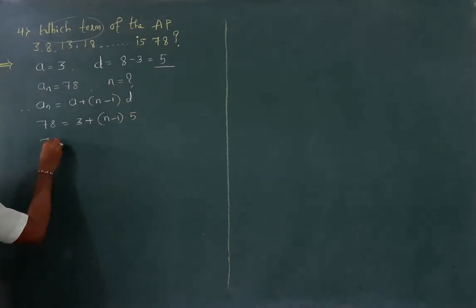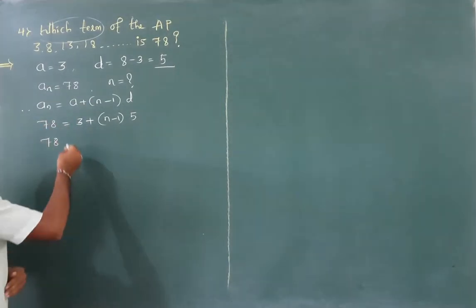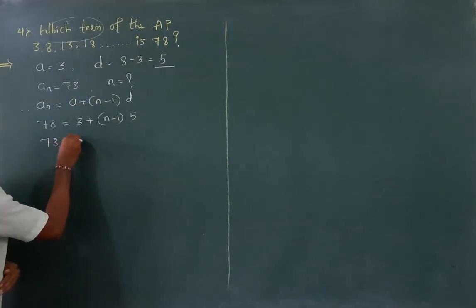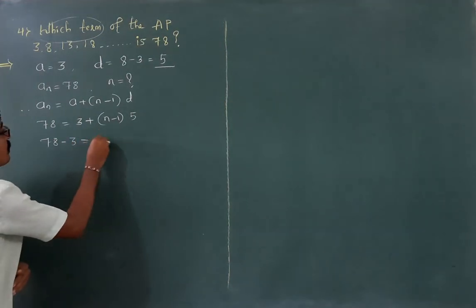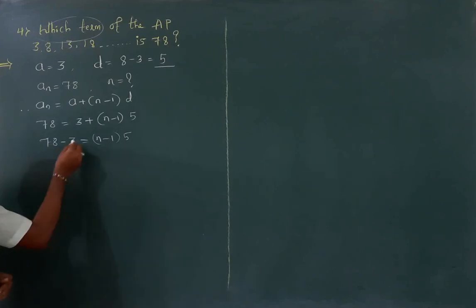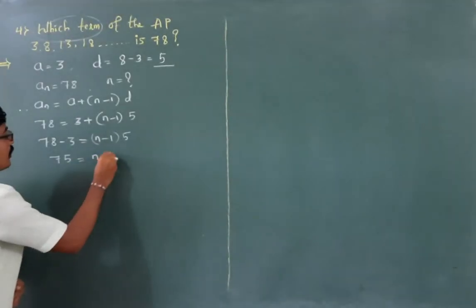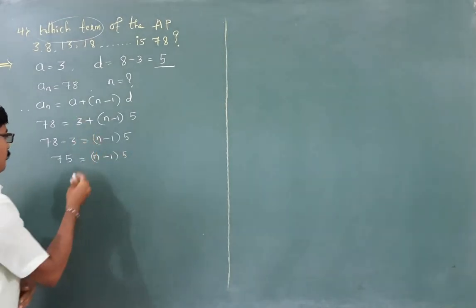So 78 as it is, here plus 3 is there. Plus 3 comes to RHS side, on LHS side it becomes minus. 78 minus 3 is equal to n minus 1 into 5. 78 minus 3 is 75 is equal to n minus 1 into 5.